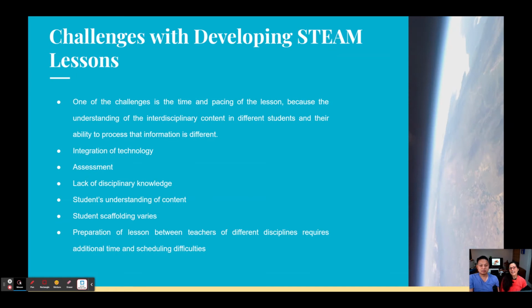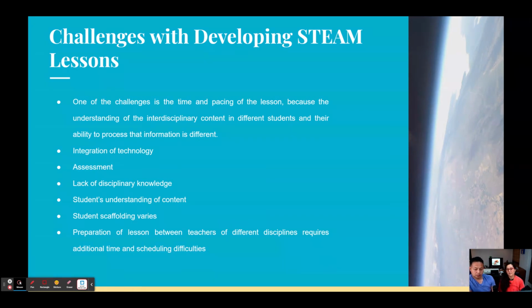So, some of the challenges with developing STEAM lessons is the time and the pacing of the lesson, because the understanding of the interdisciplinary content in different students and their ability to process that information varies. The integration of technology, same thing happens. Assessment is another one where some students are used to traditional assessments, but some are not.